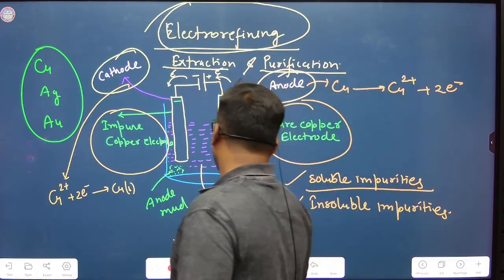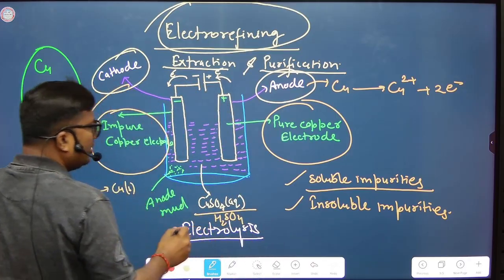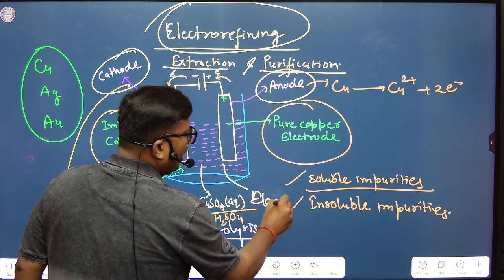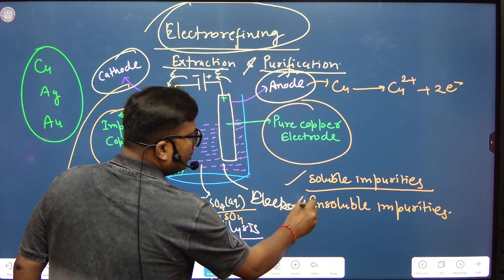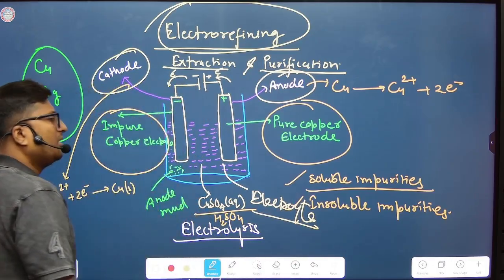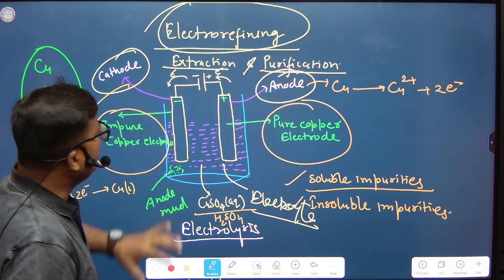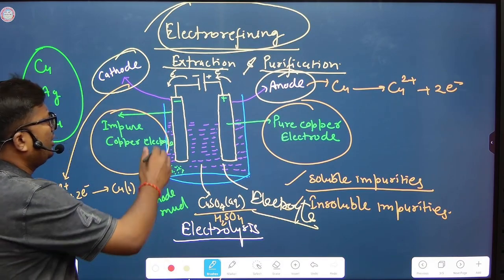And one central thing is the electrolyte. The electrolyte is a medium for ion transfer at the anode and cathode respectively. Okay, so here what happens? How is this cathode developed?